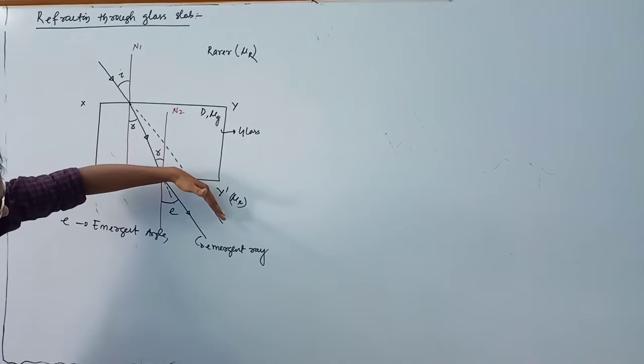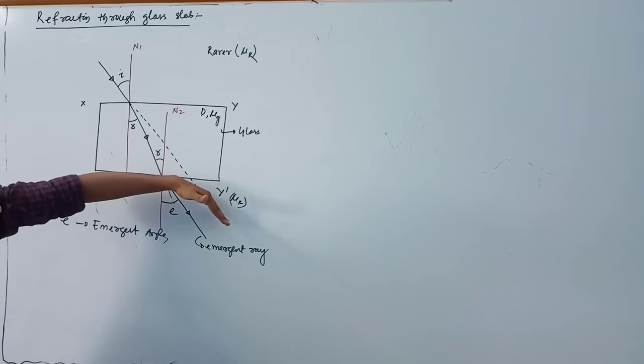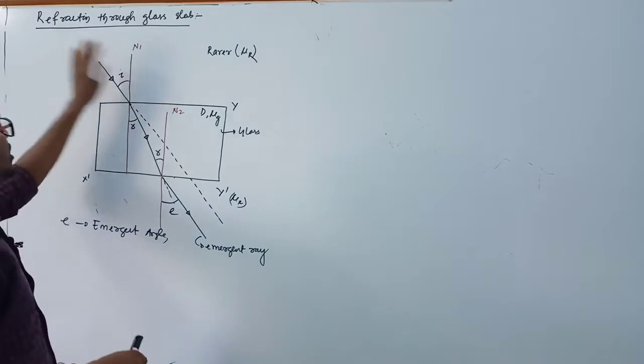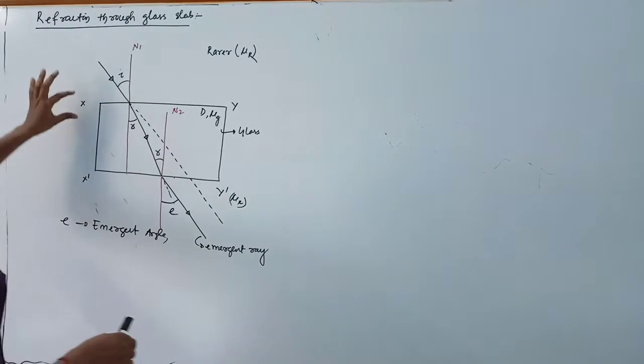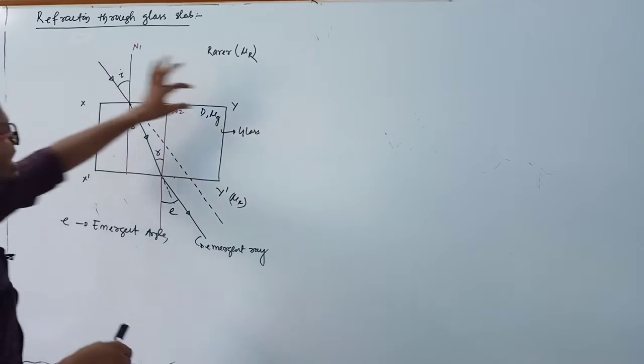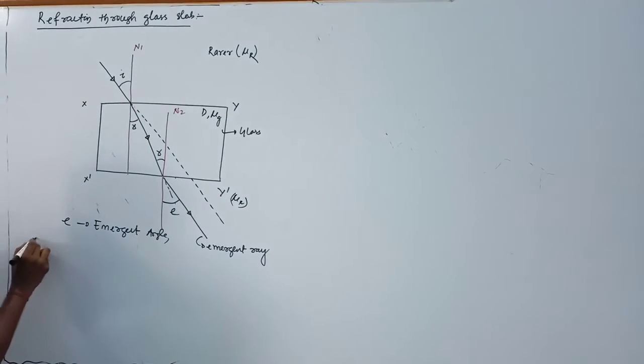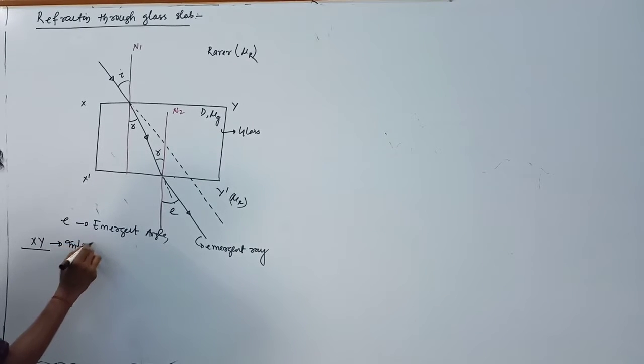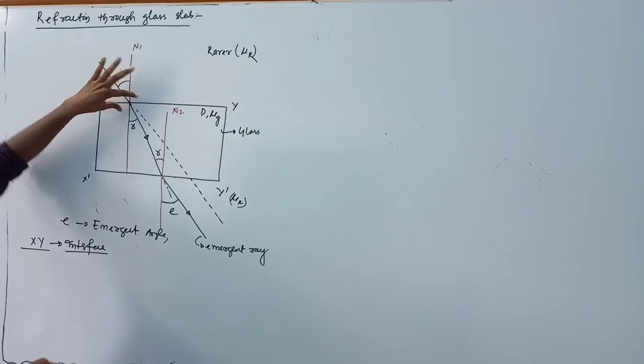The lines of action of the incident ray and emergent ray are parallel to each other. So for refraction through the glass slab, if we discuss the refracting surface x y, for the xy interface or refracting surface, we can use Snell's law.